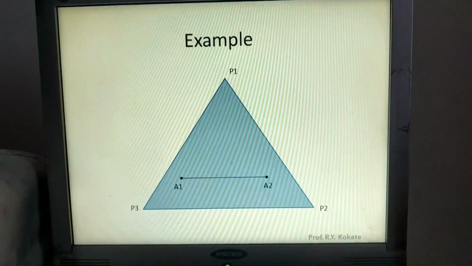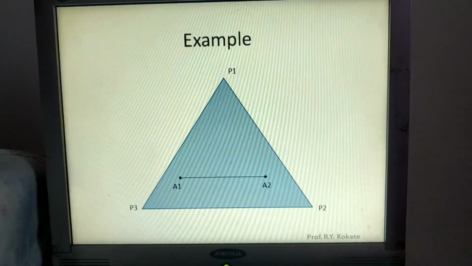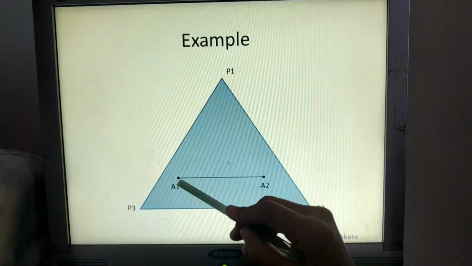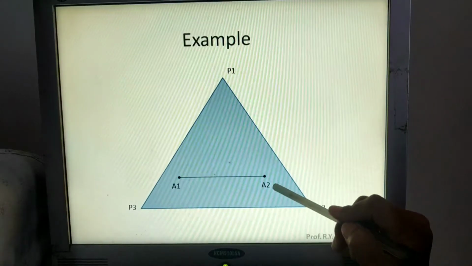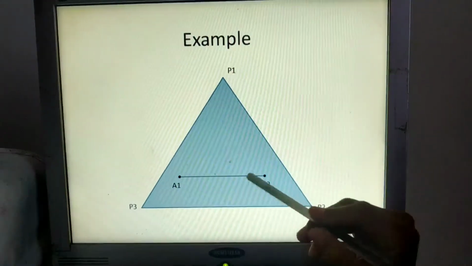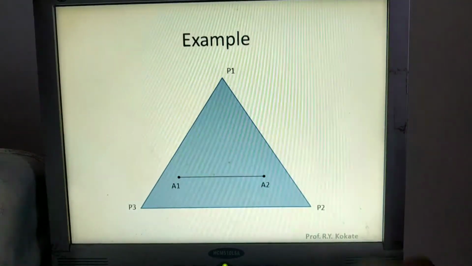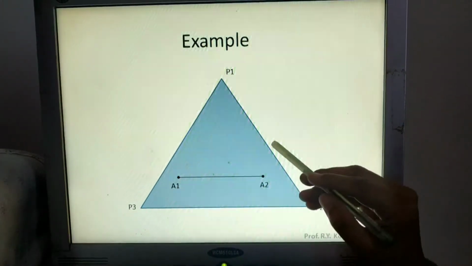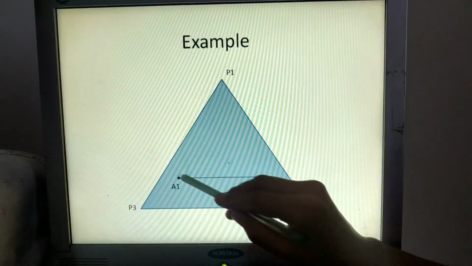In this polygon, if we take any 2 points, that is A1 and A2, and we join these 2 points, we will form an edge. This edge consists of a number of vertices, and all these vertices are surely inside the polygon.